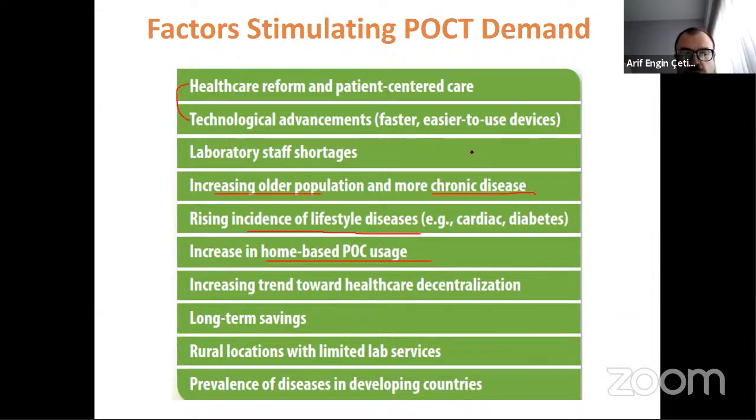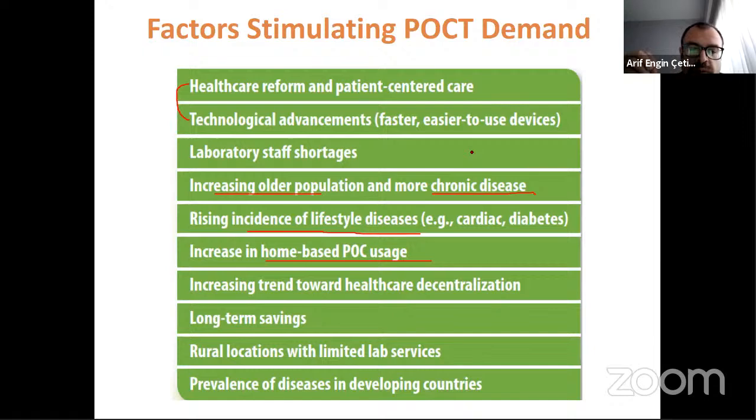But if instead of doing these tests in a central lab, hospital, or different medical settings, performing this test in home settings will stop these patients using public transportation or spreading this disease.